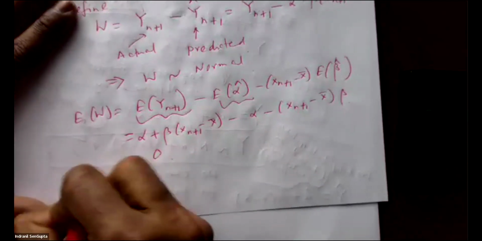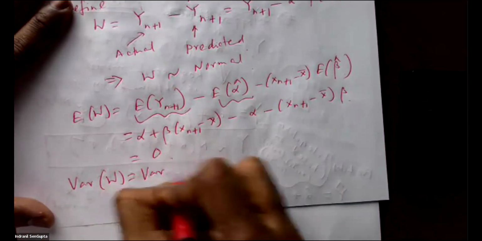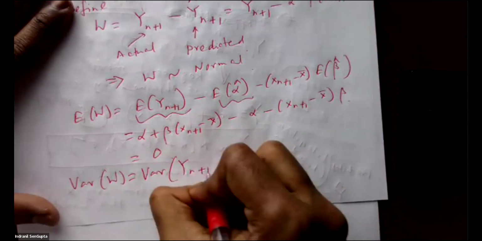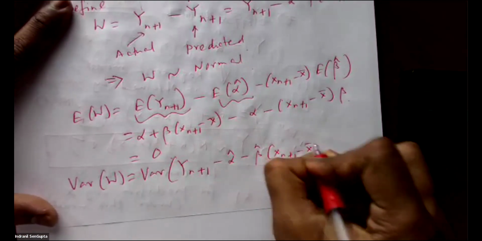Okay, and variance of W is going to be variance of yn plus 1 minus alpha hat minus beta hat times xn plus 1 minus x bar.